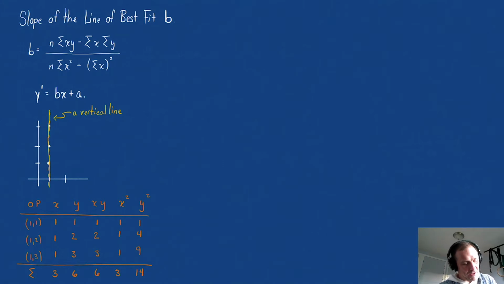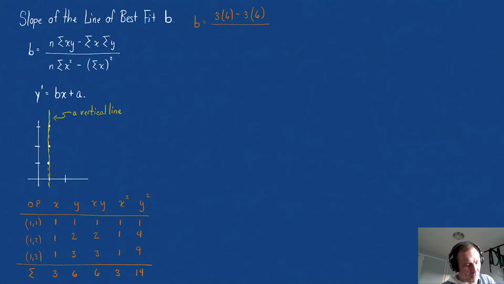All right. So now, if you recall, we have the formula for b. So let's calculate what b would be for our vertical line. This says we take n, which is 3, the number of ordered pairs, times the sum of the xy's, which is 6, minus the sum of the x's, that's 3, times the sum of the y's, which is also 6, over, then what do we have in the denominator?